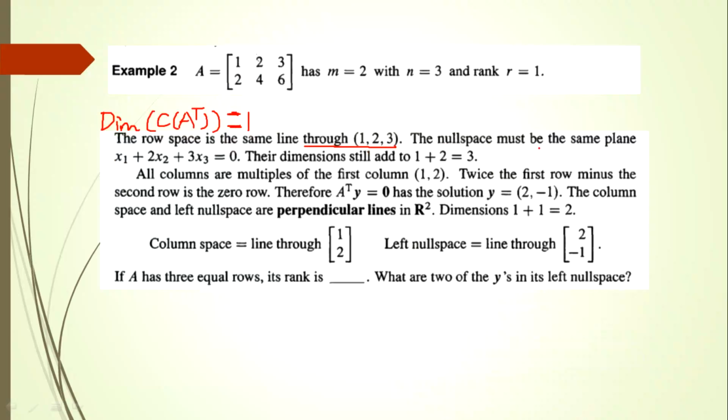And the null space must be the plane x1 plus 2x2 plus 3x3 equals 0. You can check that. This is the row space. Number 2, the null space, Ax equals 0.